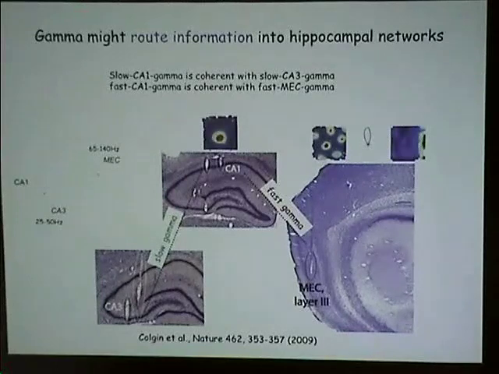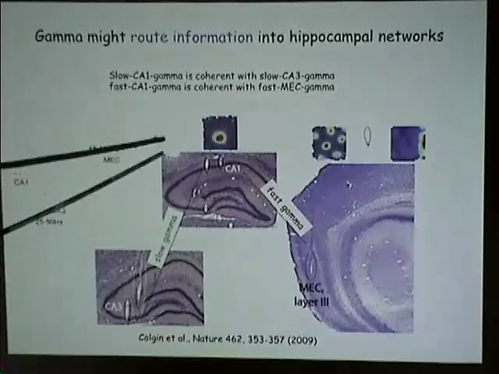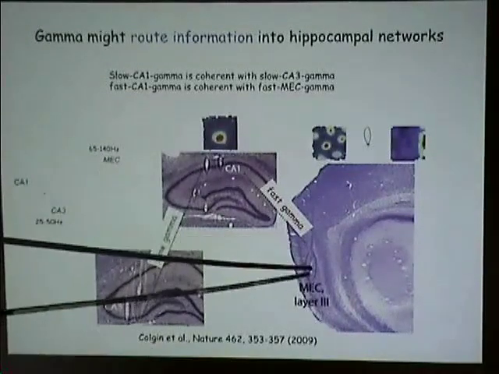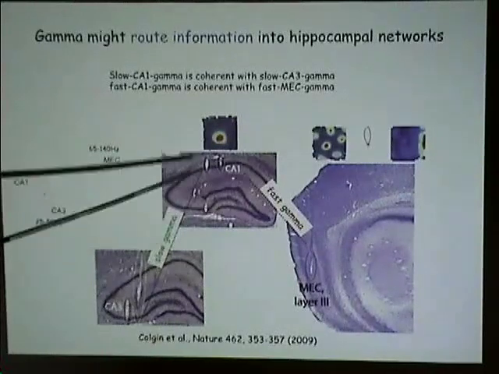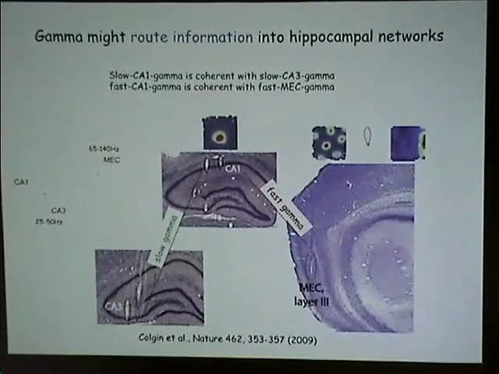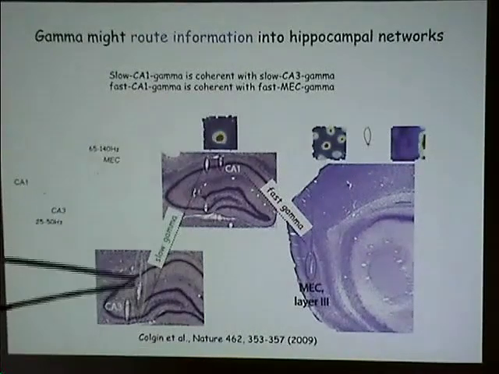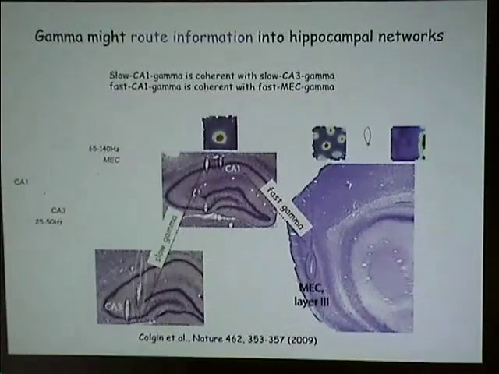So slow and fast gamma sort of alternated, sometimes several times per second, and created short windows that were either synchronous or coherent with medial entorhinal cortex or CA3. So suggesting that gamma may, in the hippocampus, create these short windows when CA1 actually can communicate better with either CA3 or with medial entorhinal cortex.